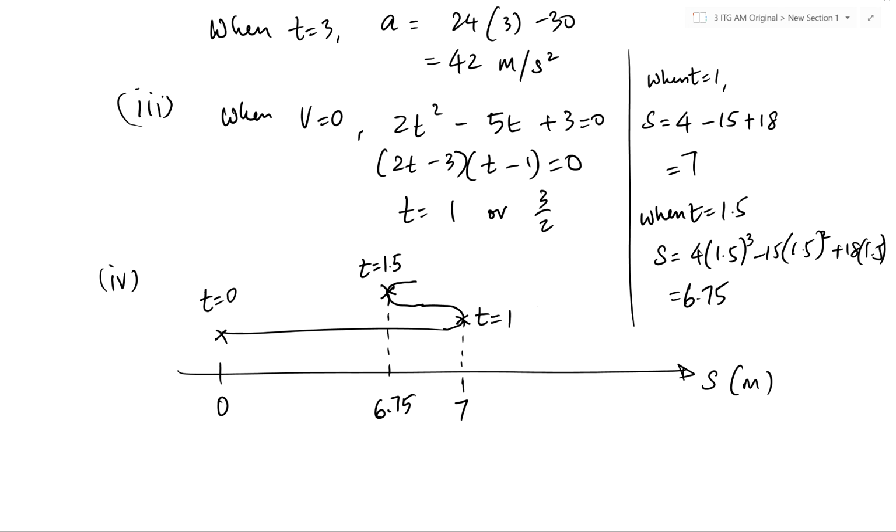Any questions so far? Yes, Tracy? Correct. The shortest distance from O to time equals to 1.5 is 6.75 meters.